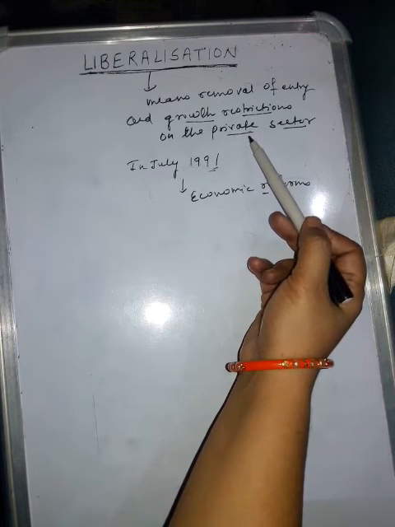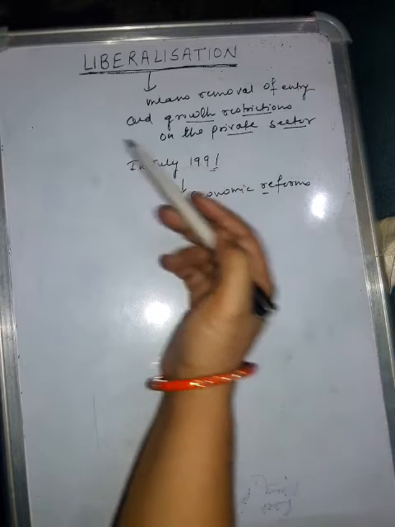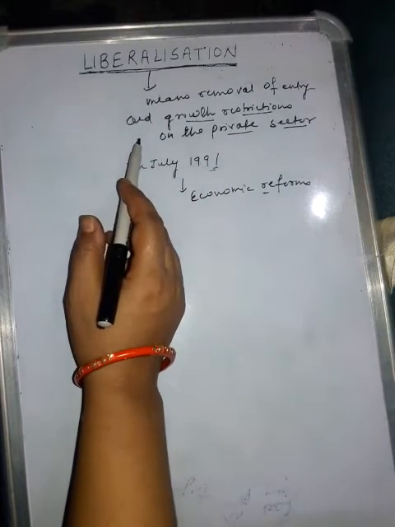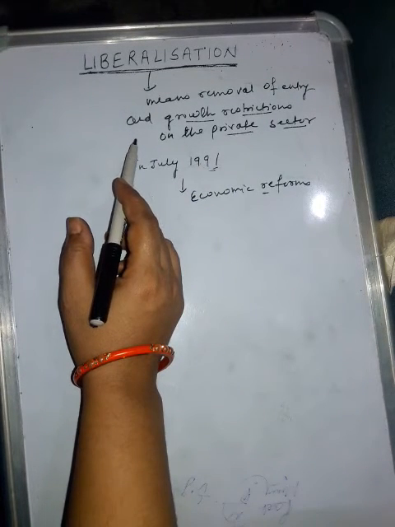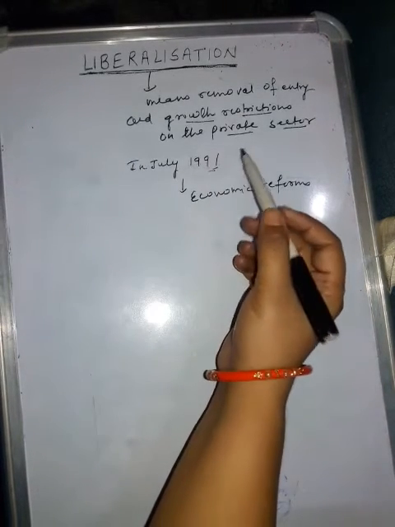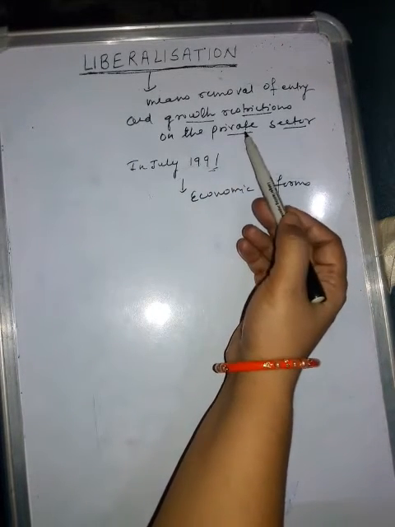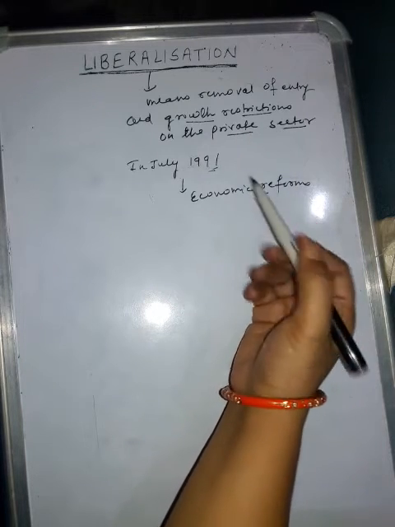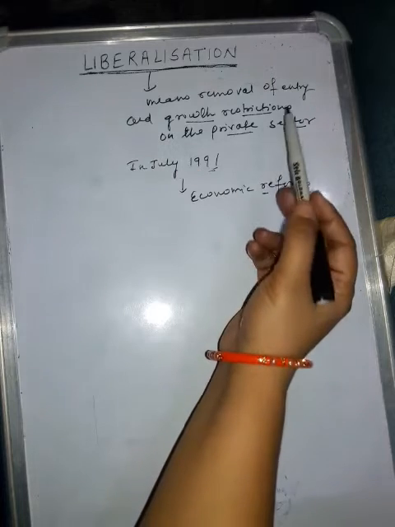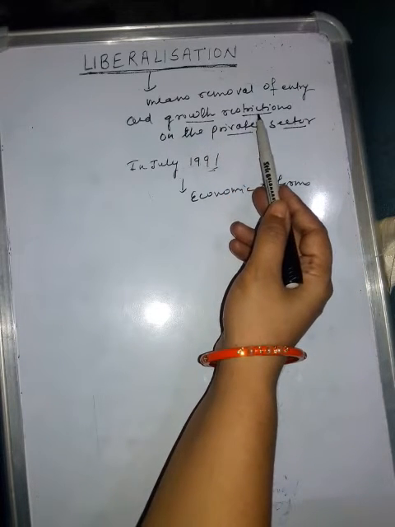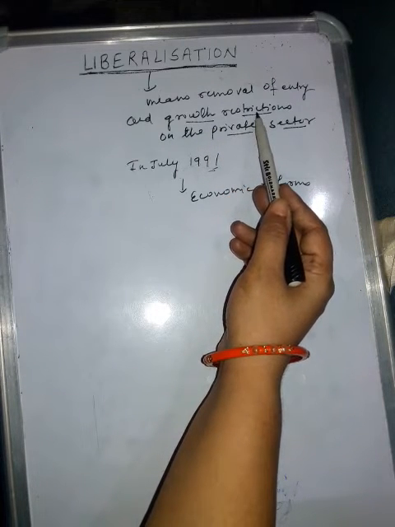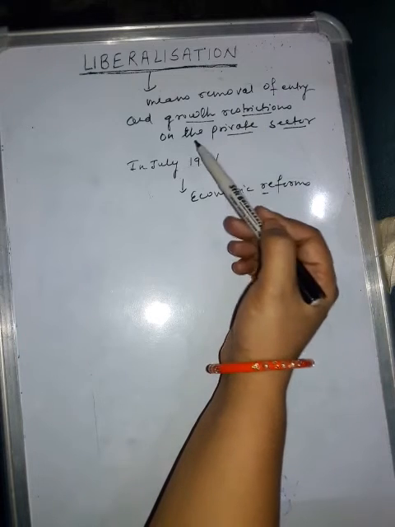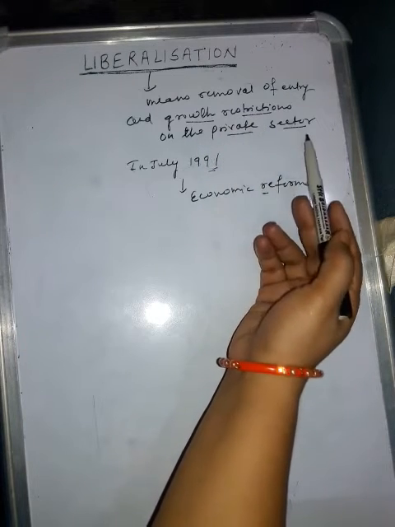But after 1991, the government removed all those restrictions or policies which were hampering the growth of the private sector. So liberalization means removal of entry and growth restrictions which were there before 1991.